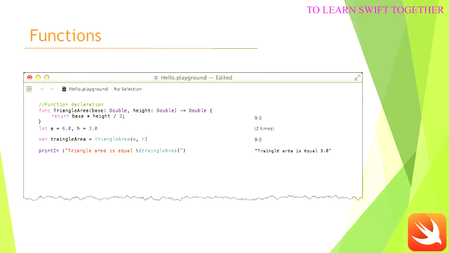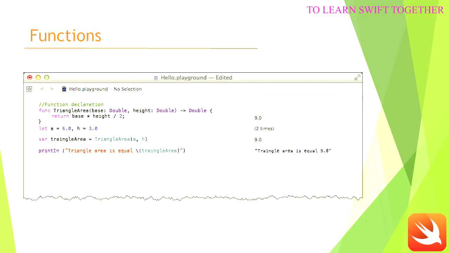For example, the function that calculates the area of a triangle could look like this. We all remember the formula for the area of a triangle. It's 1/2 times a times h, where a is the length of the triangle's base and h is its height. Our function takes two parameters, base and height, and based on them, calculates and returns the area of the triangle.